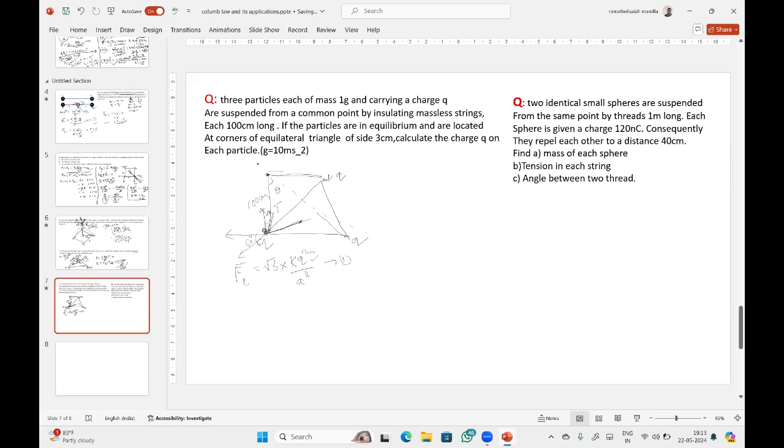This is also theta because these two lines are parallel. So from the resolution of tension, we get T cos theta and T sin theta.